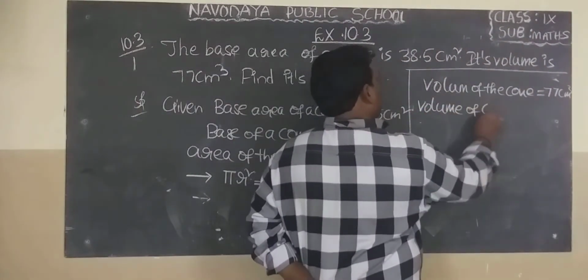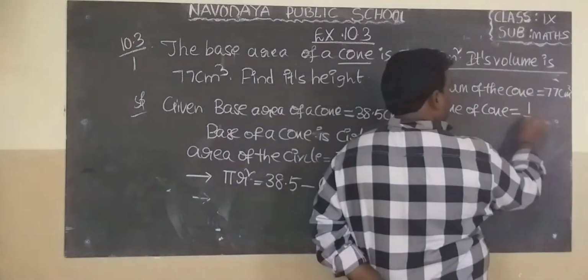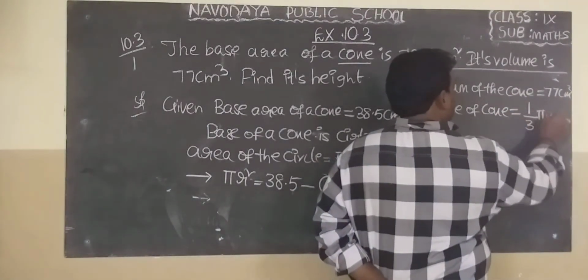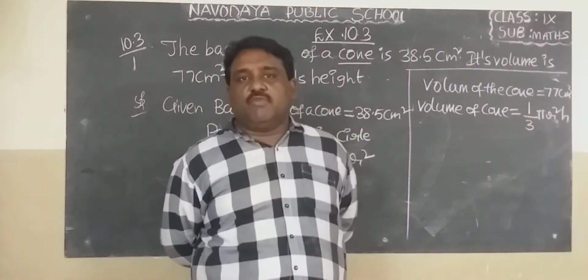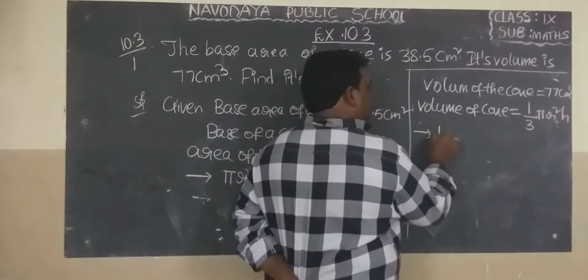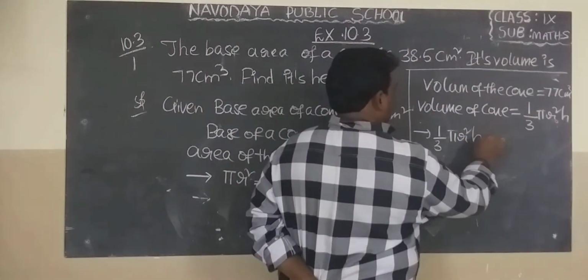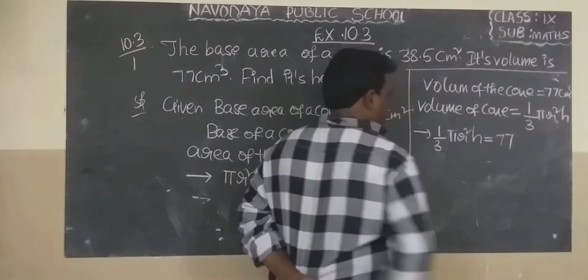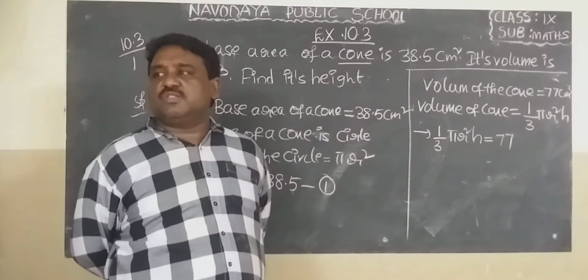Volume of cone equal to 1/3 pi r square h. Let us equate 1/3 pi r square h equal to 77.